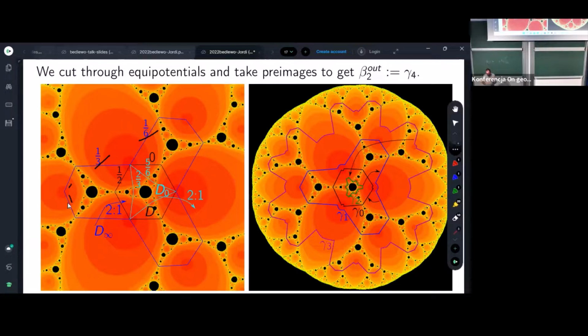That's outside, and what you get is the exterior of this blue curve, which is a preimage of this black curve I was drawing before, is mapped 2-to-1. So all this region here is mapped 2-to-1 onto this region here.